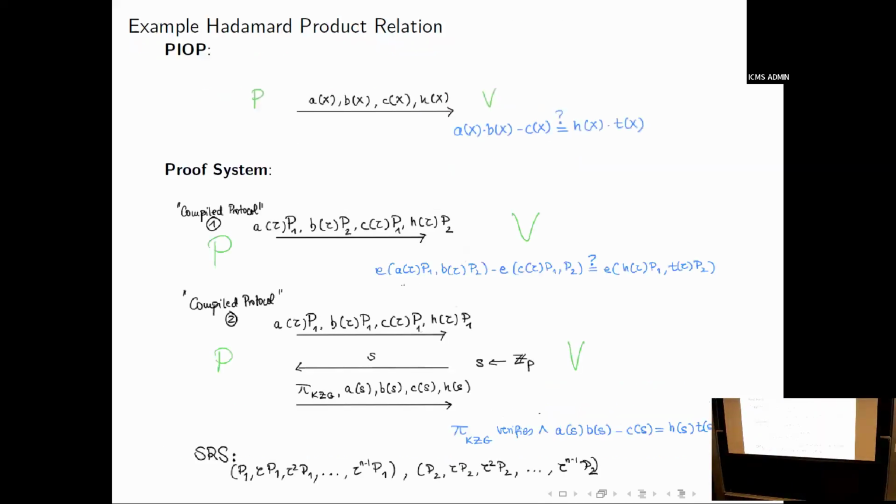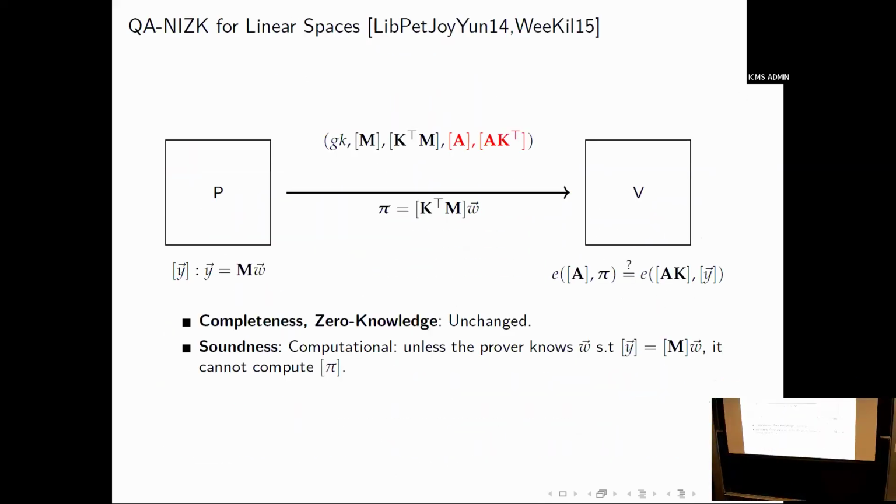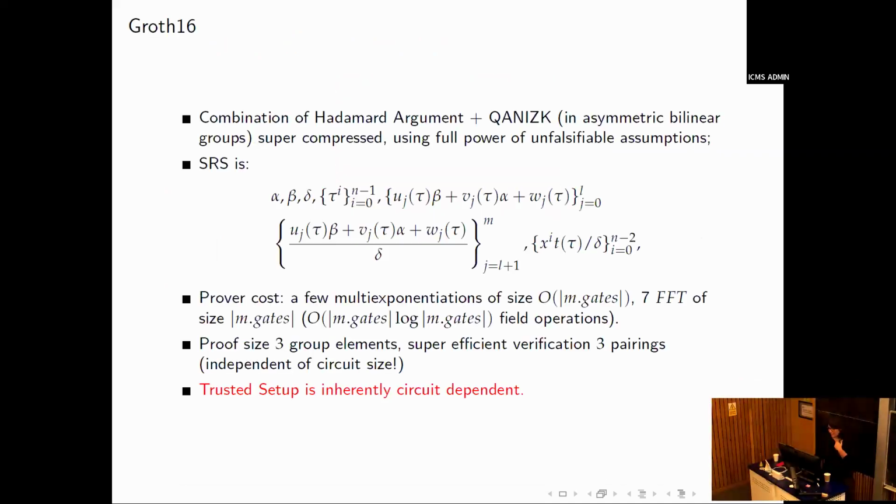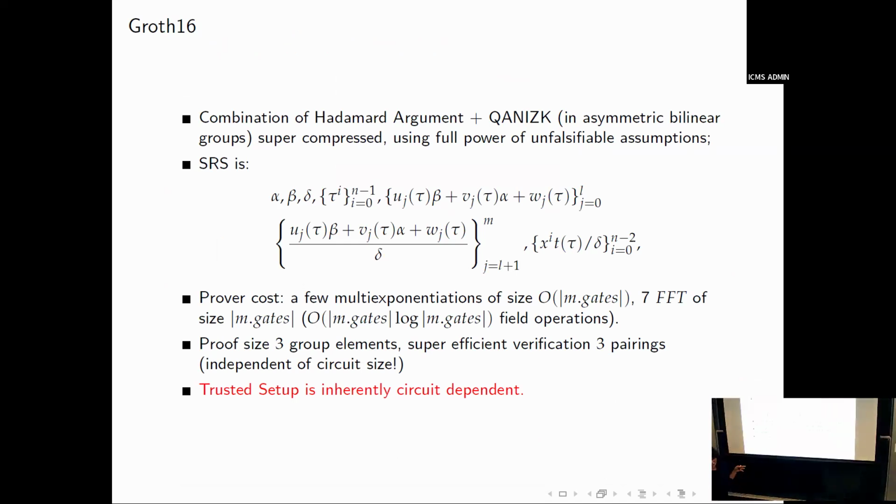So you need to do these very large Fourier transforms, and this is where you get these quasi-linear factors, because Fourier transforms give you this log factor. These are field operations. You have linear in the number of multiplication gates for group operations, and quasi-linear in field operations, because these are all the operations the prover needs to do to compute these polynomials.